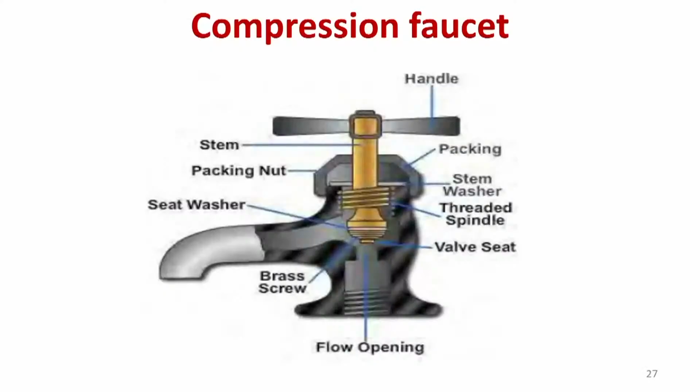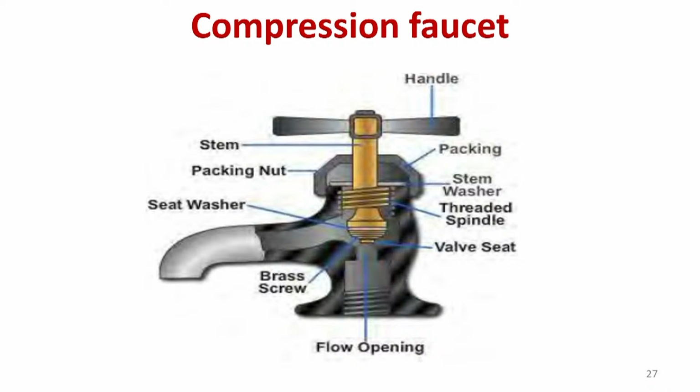This is a common type of compression faucet. You have a handle and a flow opening. If you look at the pipe, water is coming from the inside, and you have a seat washer. If you rotate it clockwise or anti-clockwise, the screw will go up and down, and your valve seat is there.